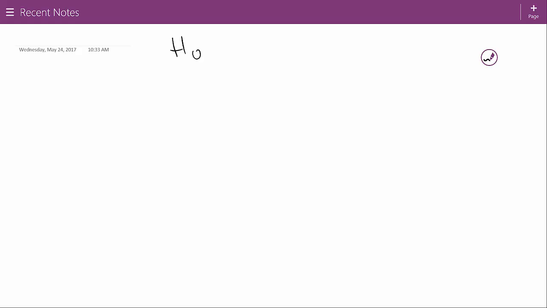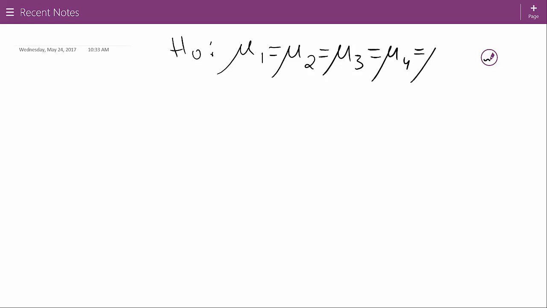One-way ANOVA is about comparing the means of multiple populations simultaneously, right? So say, for example, I have 5 populations and 5 samples coming from them, right? And I want to compare them in one quick test. That would be ANOVA. I'm always testing this hypothesis that the means are the same, mu1 through mu5.